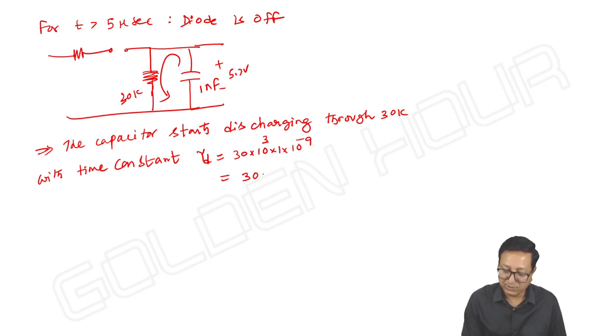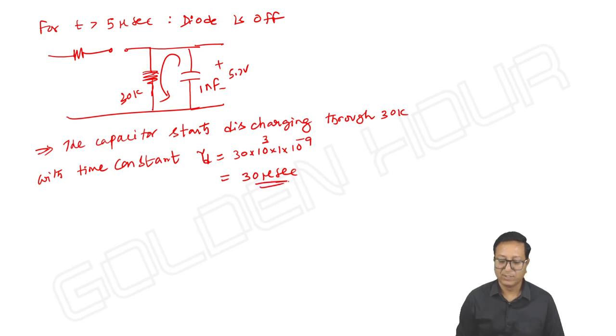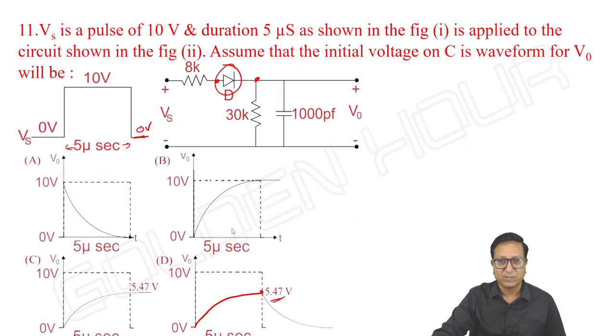It is equal to 30 microseconds. It is large. Discharging time constant is large. So capacitor slowly discharges. So here it is slowly discharging like this.